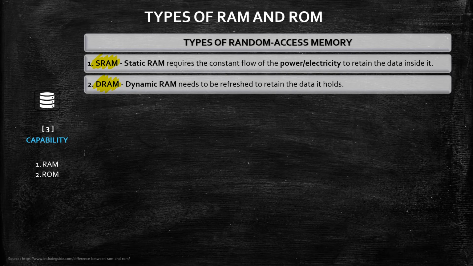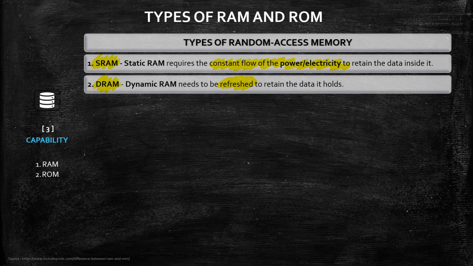Static RAM requires a constant, continuous supply of electricity to retain the data. You need to continuously supply the power, and in that case you can retain the data. But a dynamic RAM just needs to be refreshed, and once refreshed, it retains whatever data it holds. L2 and L3 are examples of DRAM.